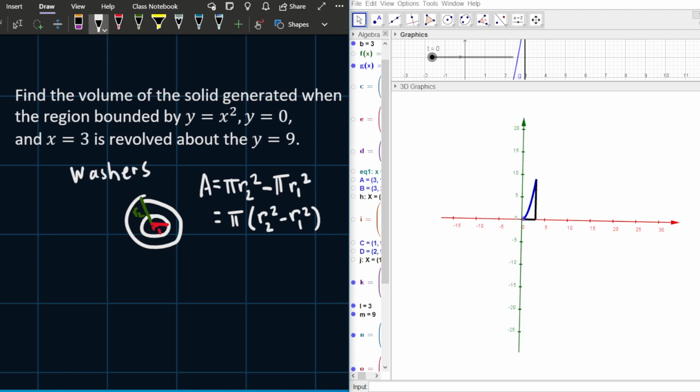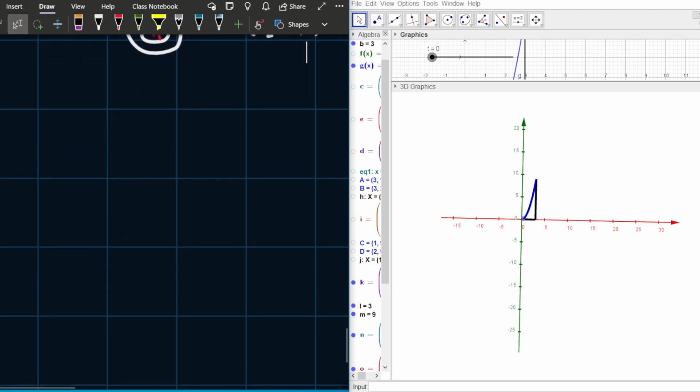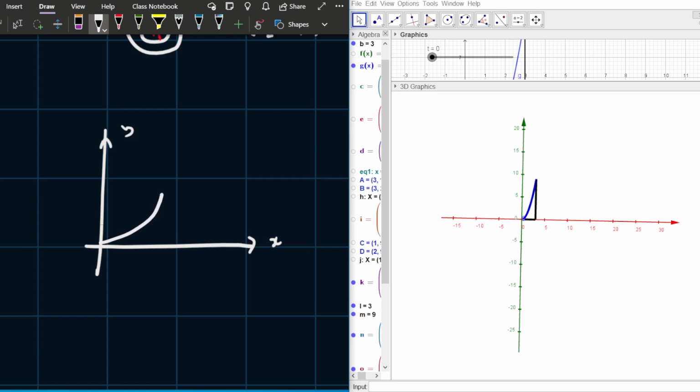Okay? So let's draw a quick illustration kung ano itsura ng magiging solid natin. And then later on, papakita ko rin yung itsura niya sa graph. Okay, let's say this is y equals x squared, 0 to 3, and then ito yung y equals 9.